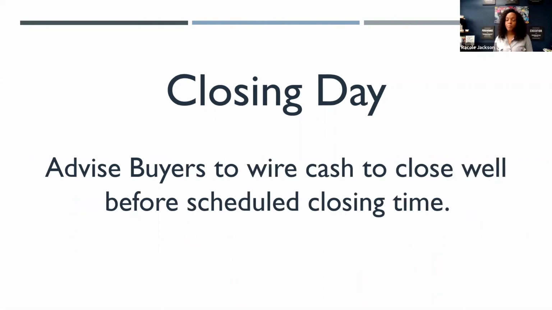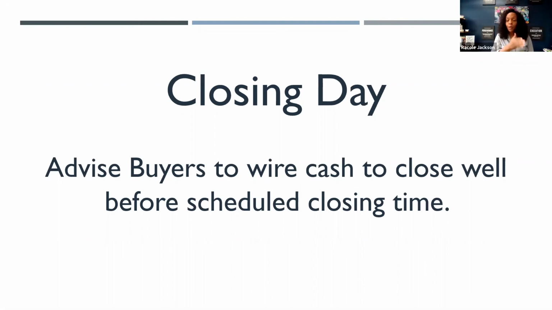Finally, you want to make sure that the buyers wire their cash to close well before the scheduled closing time. If you get any inkling that your buyer is using a credit union, an online savings account, etc., or anything outside of a traditional Bank of America, Chase, national institution to make their wire, they definitely want to do that as soon as possible.